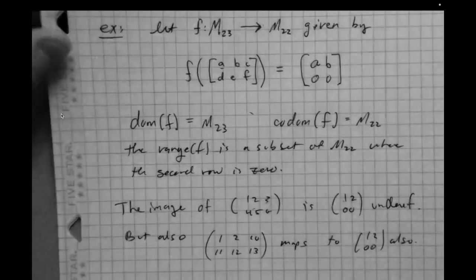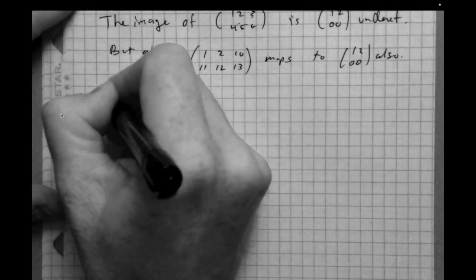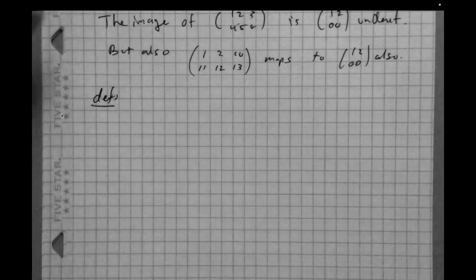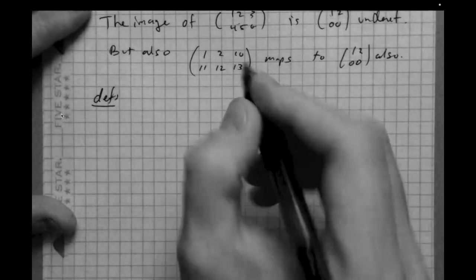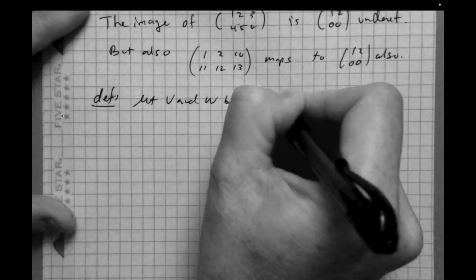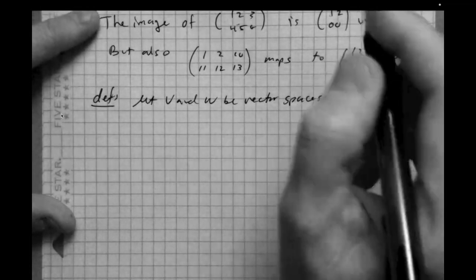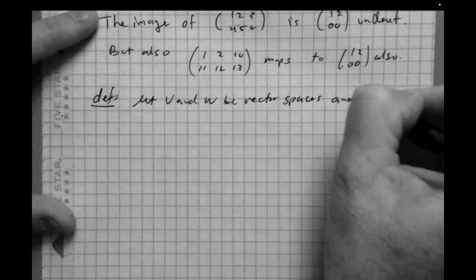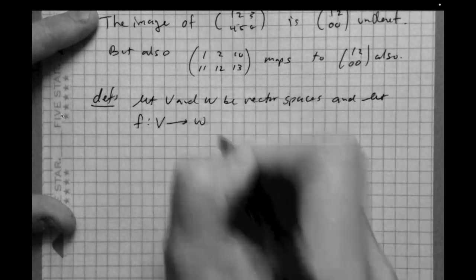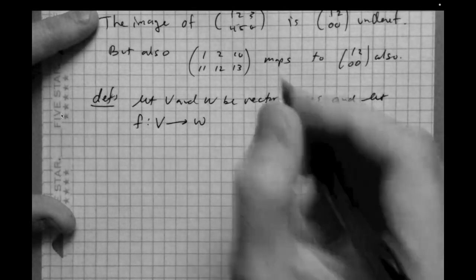Okay, let's formally define linear transformation. We'll let V and W be vector spaces, and let F be a mapping from V to W. We'll call it a function. We'll let F from V to W be a function.